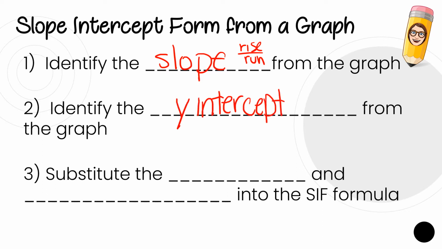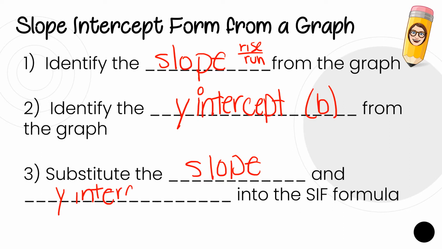Where does it begin? Where does it cross the y-axis? Third, once you know those two numbers, you want to substitute the slope and the y-intercept into the formula. Remember that the m goes in front of the x and the b is added or subtracted at the end.